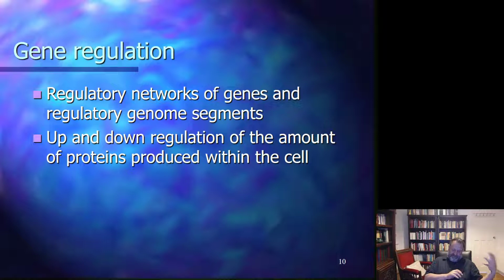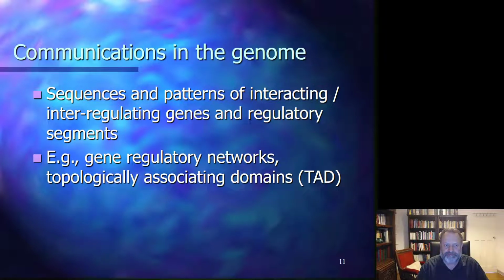Typically, there is a transcription factor protein which comes from the cytoplasm, triggers the switching of some part of the DNA, and then a sequence of further switches follow on according to the regulatory network to which this part of the DNA belongs. So this means up and down regulation in a dynamic way of the amount of proteins produced within a cell, and this change in the proteins that are produced within the cell supports the changing behavior and the changing needs of the cell.